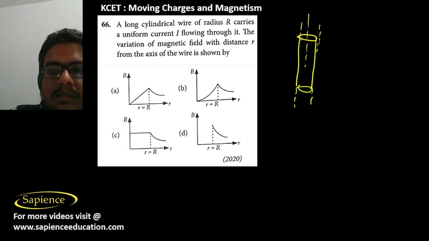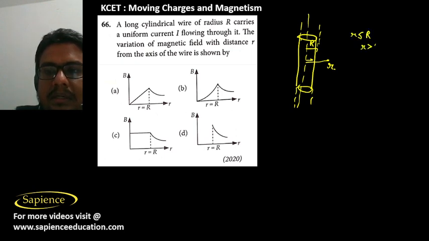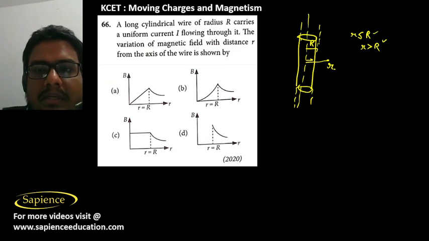At a distance r from it, what is the magnetic field? Let's suppose the radius of the cylinder is R. So what will happen when r is less than or equal to R, and when r is greater than R? For these two cases, we have to find the magnetic field at those points.